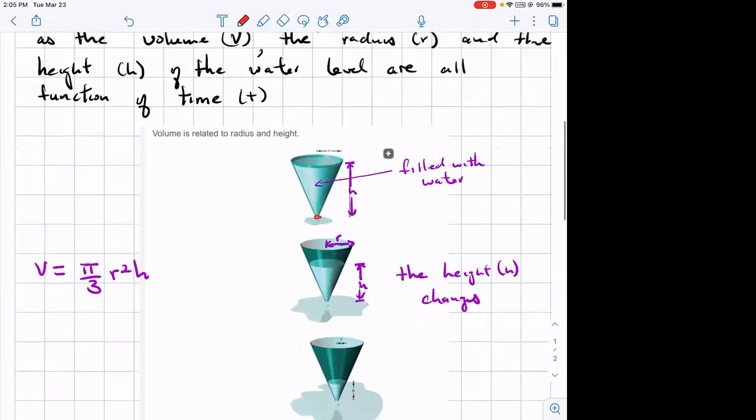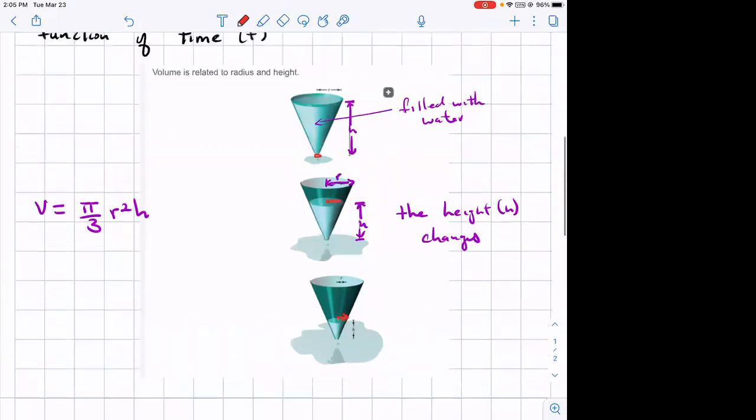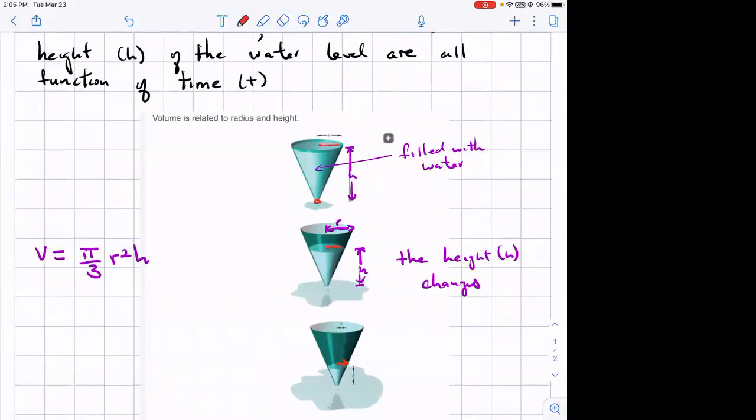I believe someone had said the radius will also change, okay? Because as you travel down the cone, the radius here is smaller than the radius here, whereas the radius here is much larger, right, at the top of the cone. So you'll see examples of how we link that to the implicit derivative today.